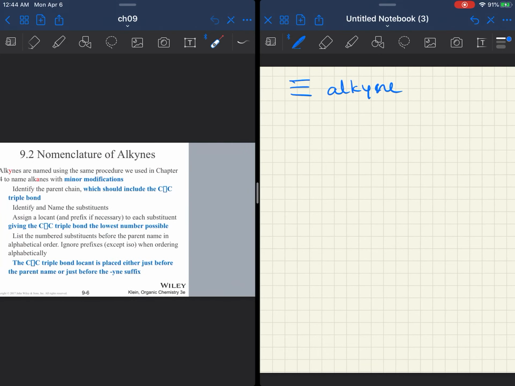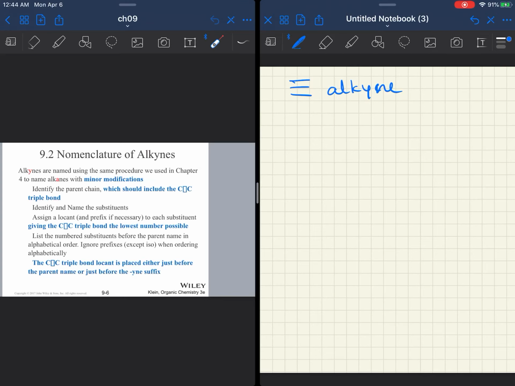Naming. You are going to see this general slide over and over again when we come up on nomenclature. You're going to notice, though, there's the same basic steps. Right? You're going to identify the parent. You are going to identify the substituents. You are going to assign locants, and then you are going to order alphabetically. The main difference here now is you're going to take that parent and drop ANE, and you're going to add YNE.